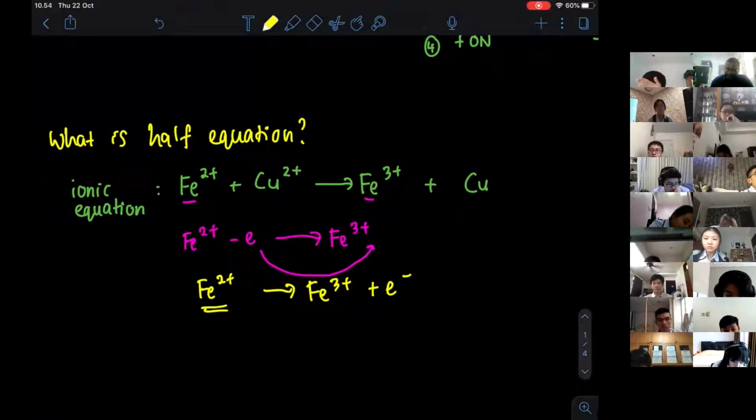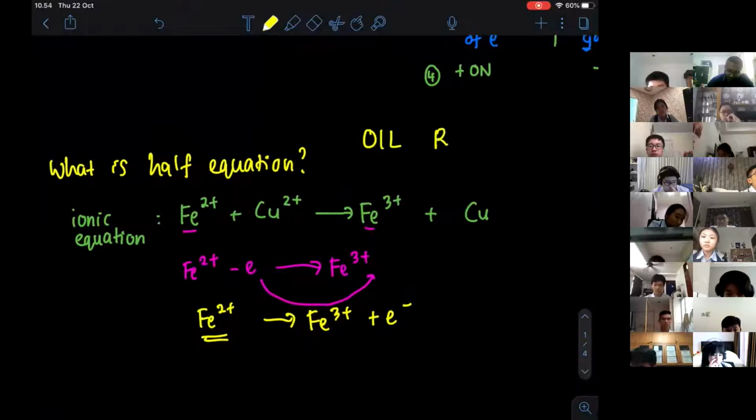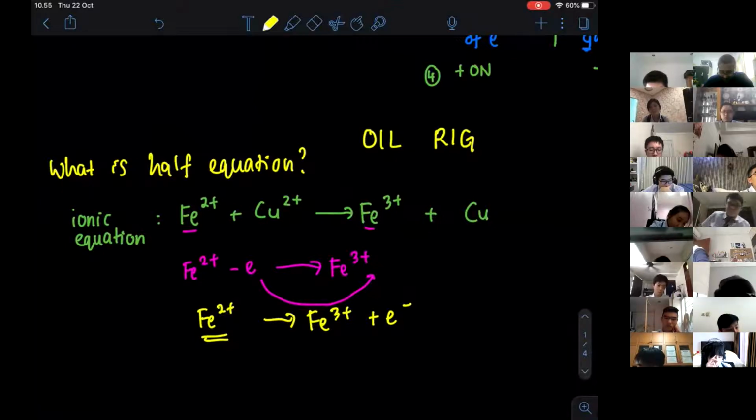Even, can you tell me now whether Fe2+ is reduced or oxidized, using OIL RIG? Even, can you hear me? Yes. Can you tell me whether Fe2+ in this equation is reduced or oxidized? Reduced. Why do you say reduced?